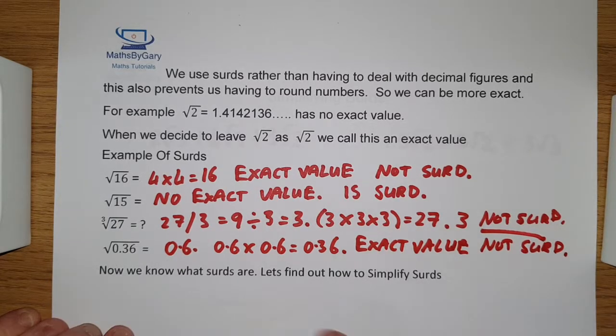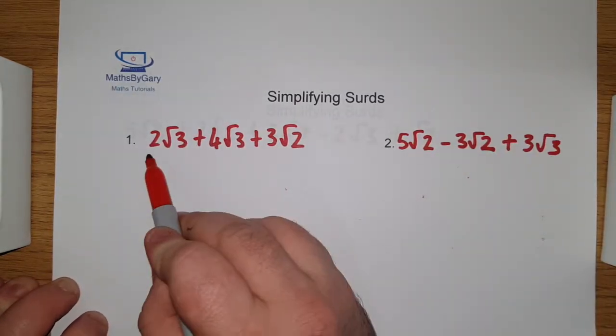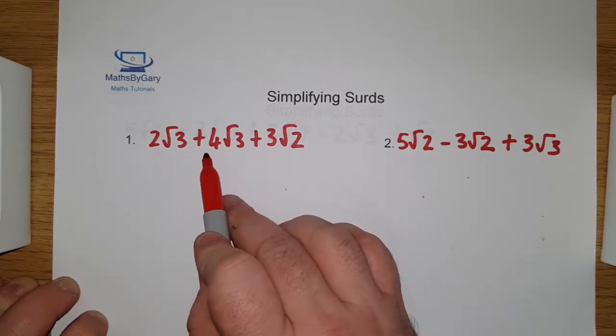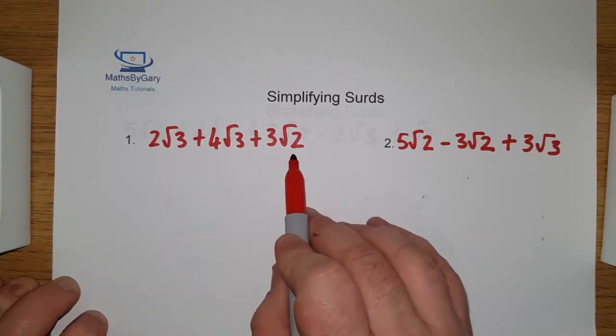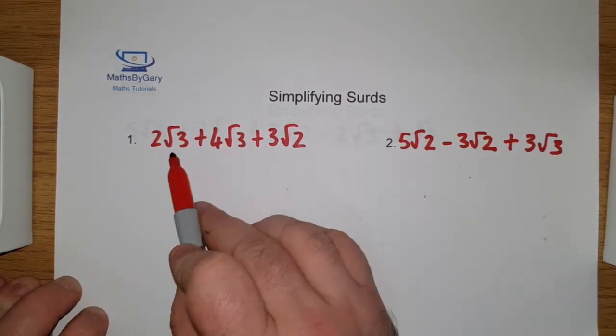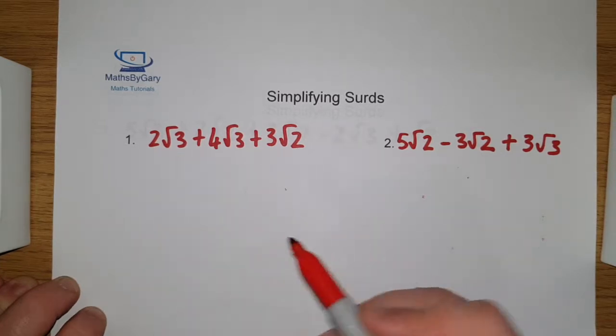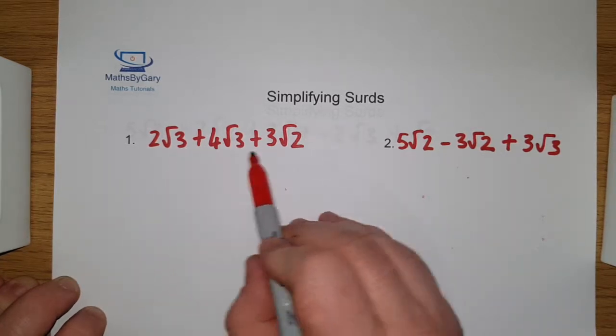So now we know what surds are, let's find out how to simplify surds. Let's look at some of the properties of surds. 2 root 3 plus 4 root 3 plus 3 root 2. How would we simplify this? Well, first of all, if we look at the coefficients, imagine root 3 was simply x.